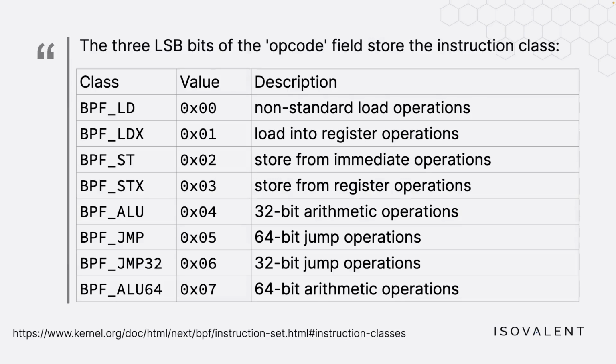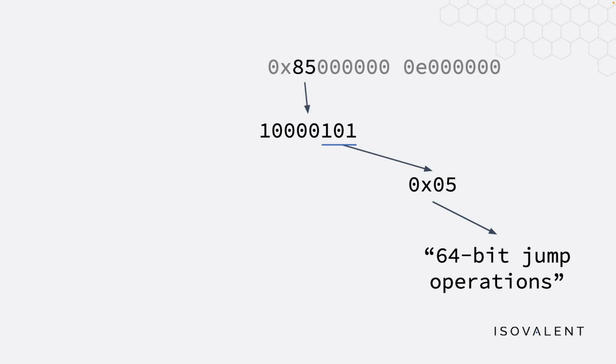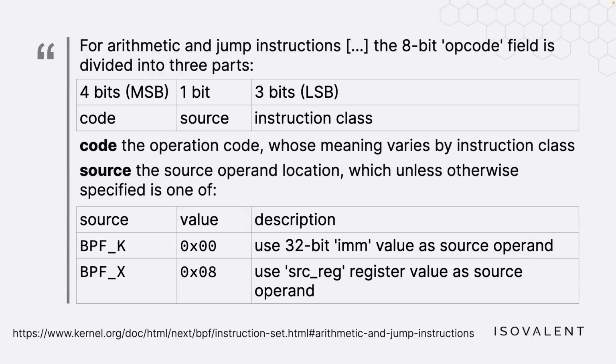So what's opcode 85? The 3 least significant bits of the opcode, because that opcode is 8 bits long, tell us what the instruction class is. That 85 means the binary representation of our opcode is this, which means the 3 least significant bits are 101, which, if you look up on that table, is a 64-bit jump operation.